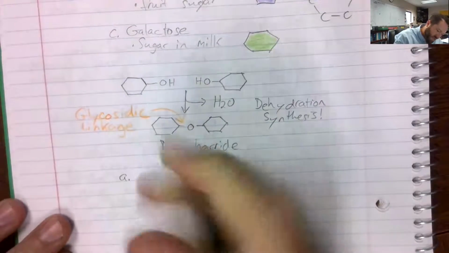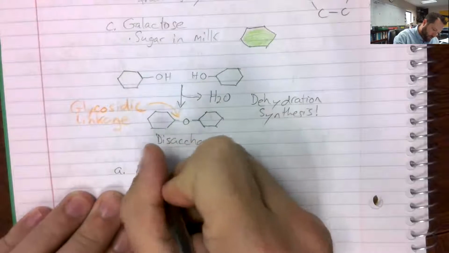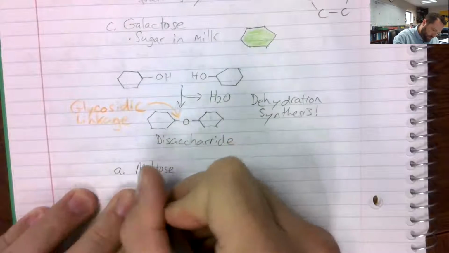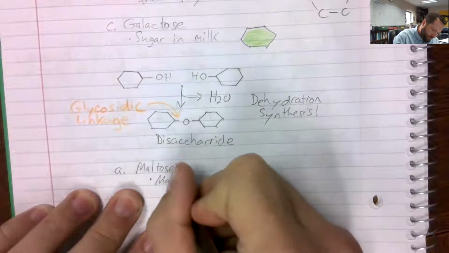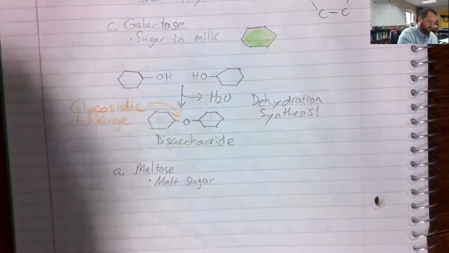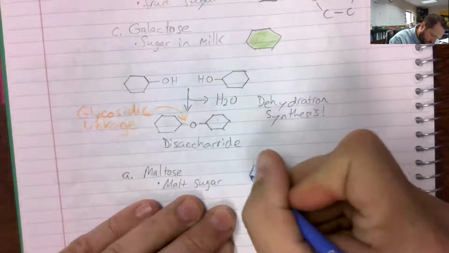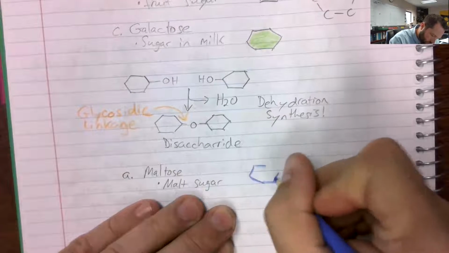Some common disaccharides. First up, we have maltose, often called malt sugar. Let's see if you can figure out the color coding I'm using here.